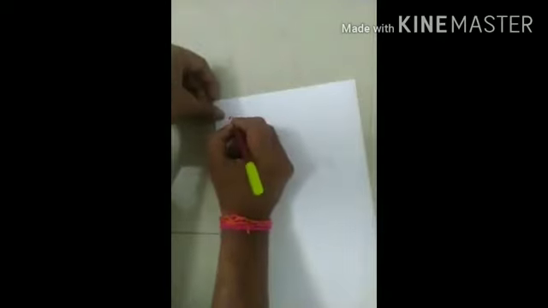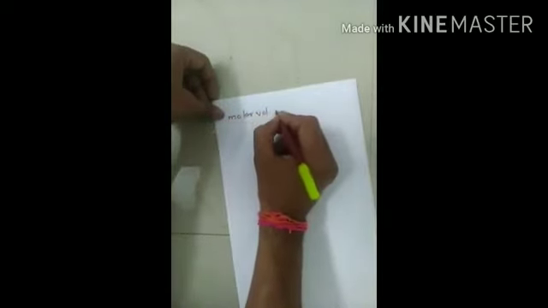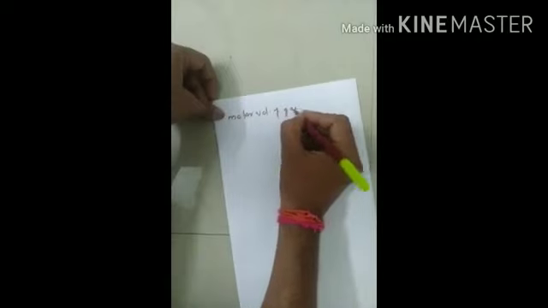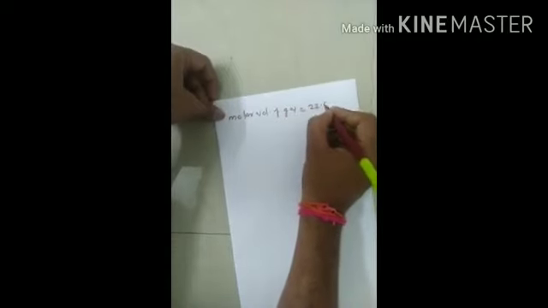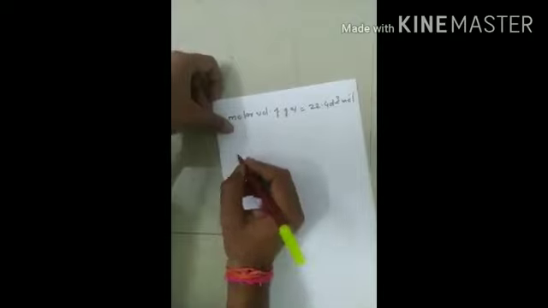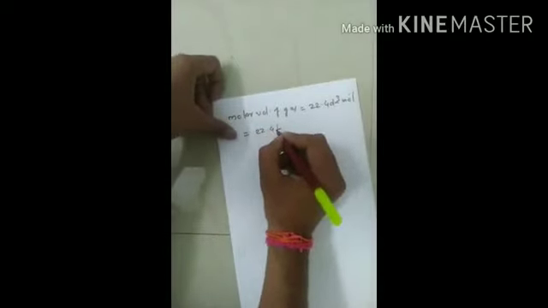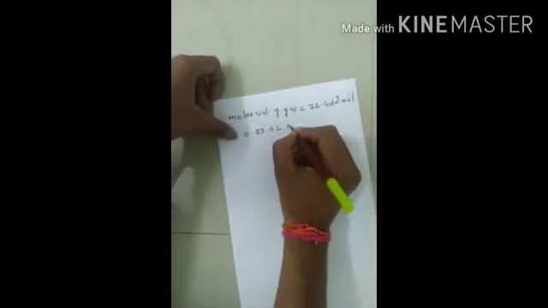So I can write here molar volume of gas, which is equal to 22.4 decimeter cube per mole, isn't it? This can be written as 22.4 liter at STP.